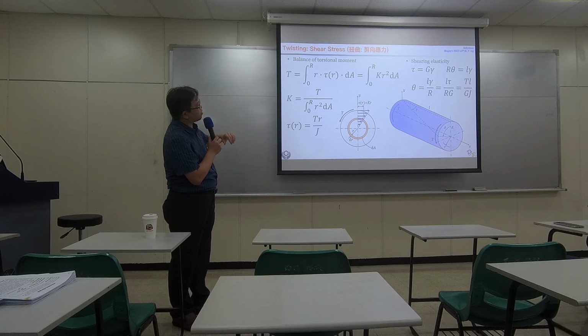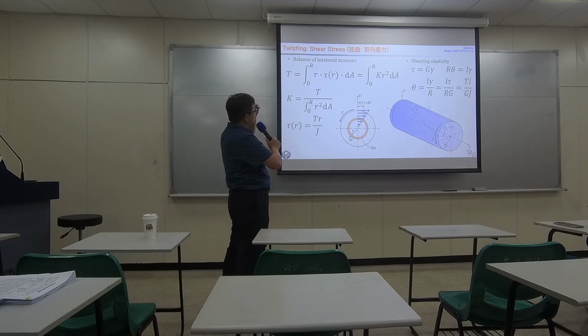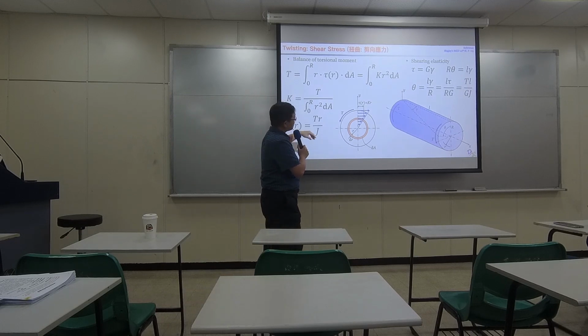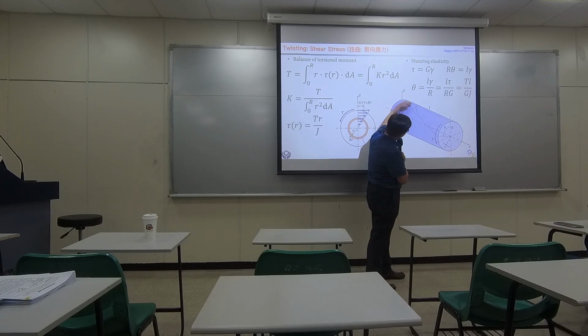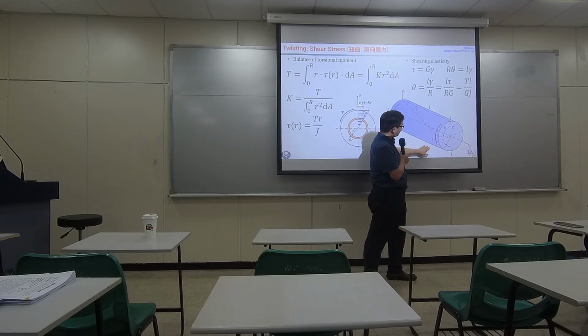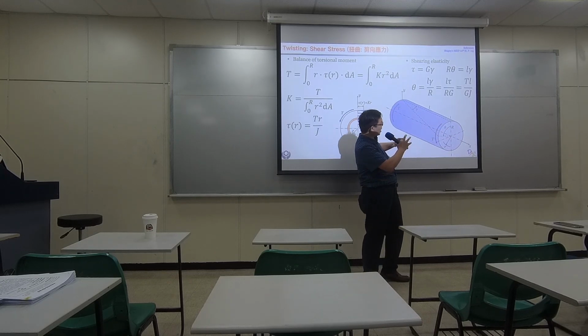So please bear with me and see if you can understand this time, if you didn't understand well the previous time. So now you generate a torque going clockwise in the back and counterclockwise in the front. So you are twisting it.